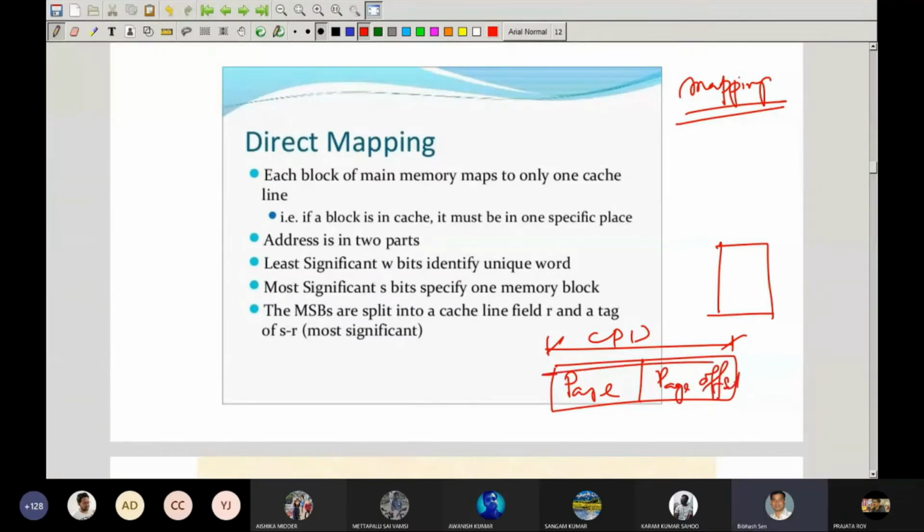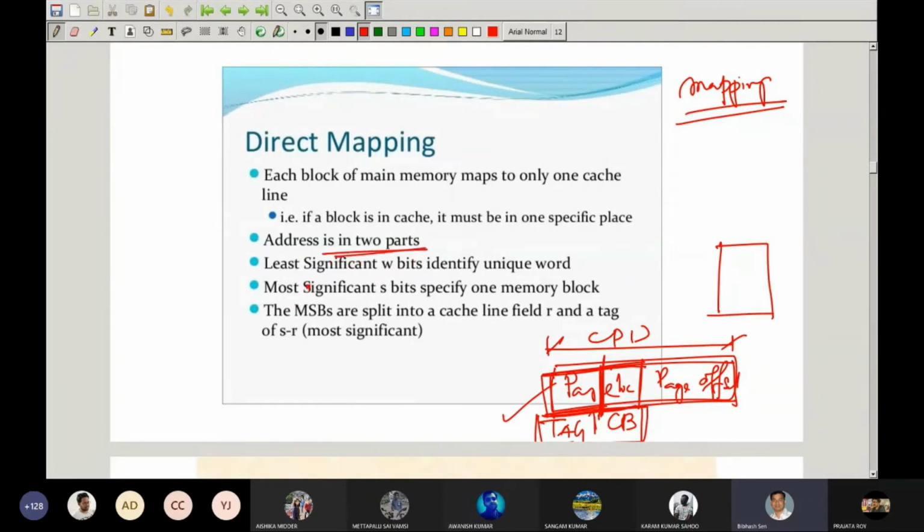That is the main thing. The CPU always tries to access the page. The page location is divided into two parts: one is the cache block, and one is the tag. Whatever the main memory's address is, it will be divided into tag and cache block. I will come to this point here.